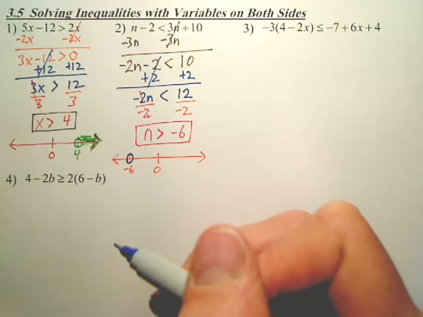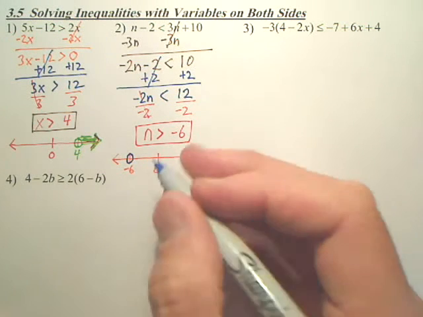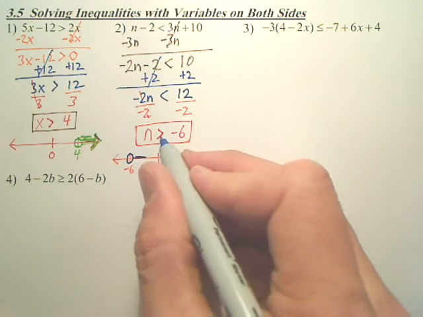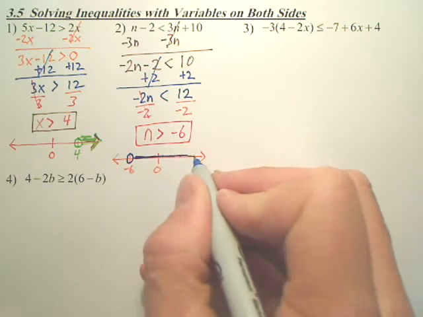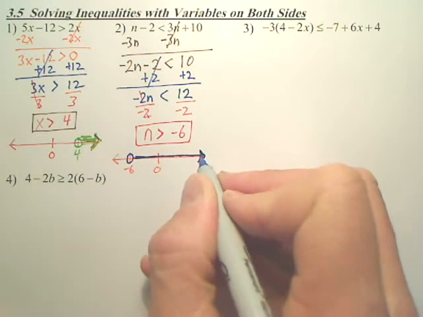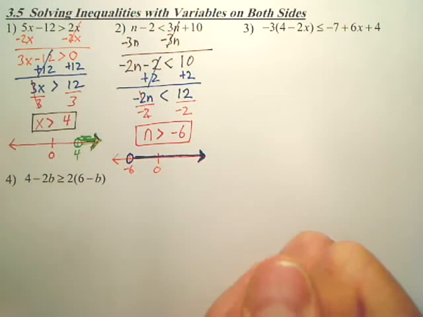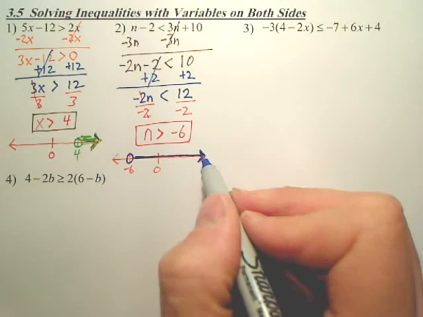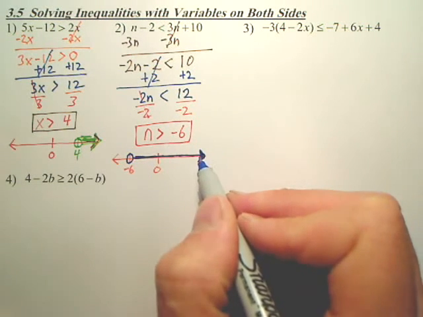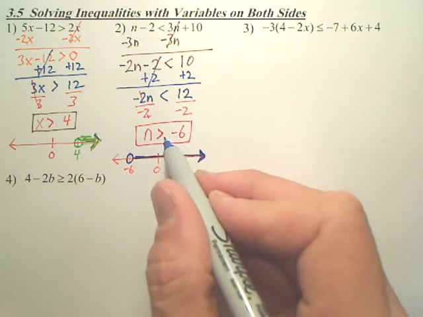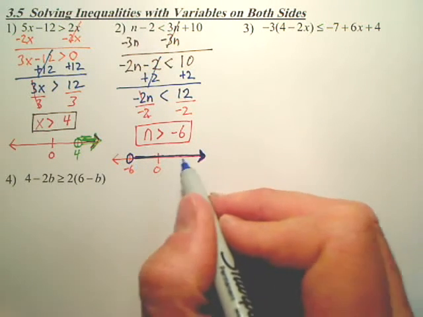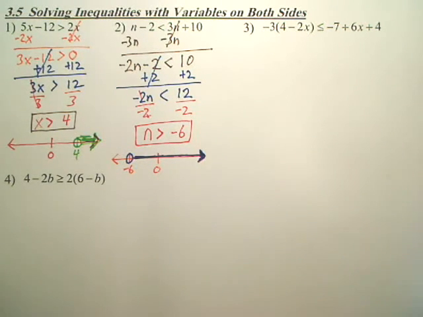And which side of that dot is greater? The right side. Or don't you just follow the arrow? It's so cool, those arrows point to where you need to go. There's your answer. All values greater than negative 6 are right there. For instance, 0 is greater than negative 6. Anything on the right side of that dot is greater than negative 6.